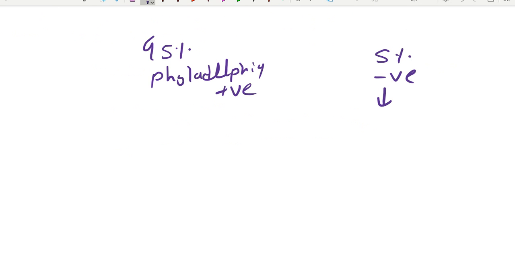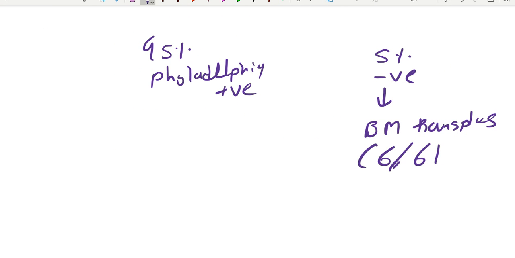In negative patients, the only treatment is bone marrow transplant. 6 by 6 HLA matching is required for bone marrow transplant.